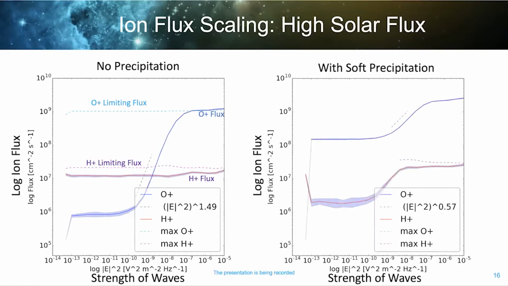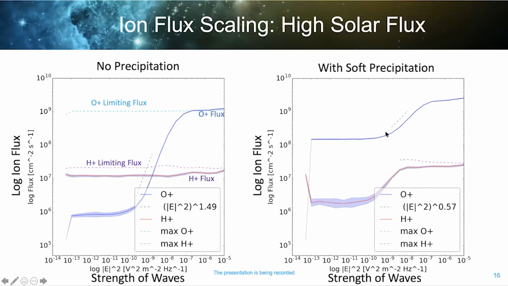Now, if you introduce some soft precipitation, things change. Here we introduce some soft precipitation, and that's going to give us additional ion production, additional ionization, additional heating. We see that the limits change, and you're able to get more O+ out than you were before.